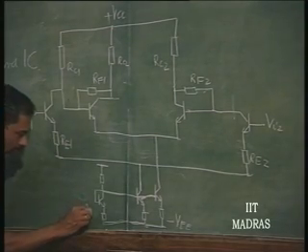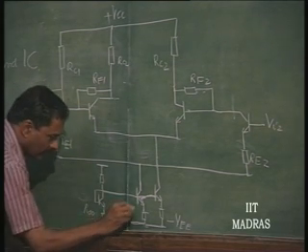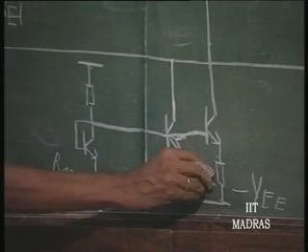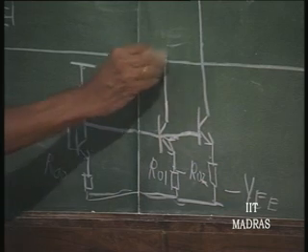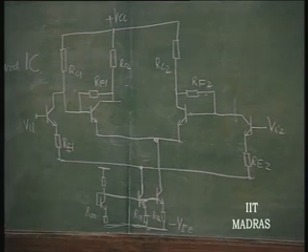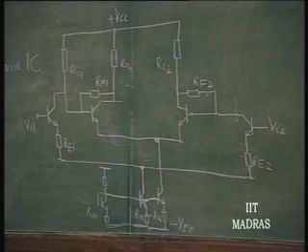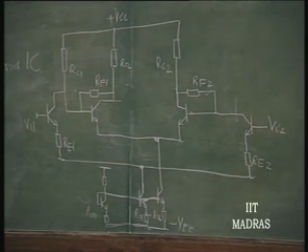So, R00, R01, R02, currents can be in terms of the resistor ratios. Therefore, this becomes a video amplifier stage usable for very high frequencies of the order of few megahertz.